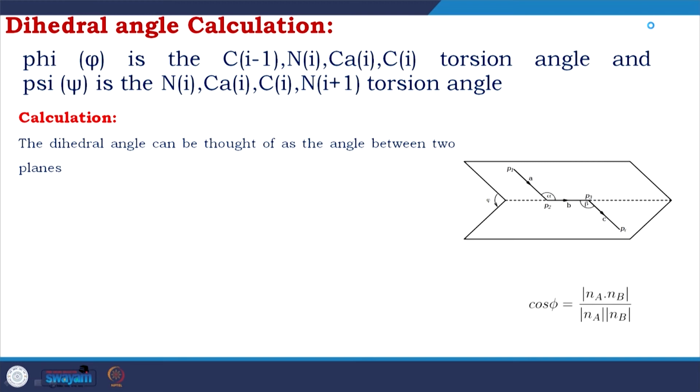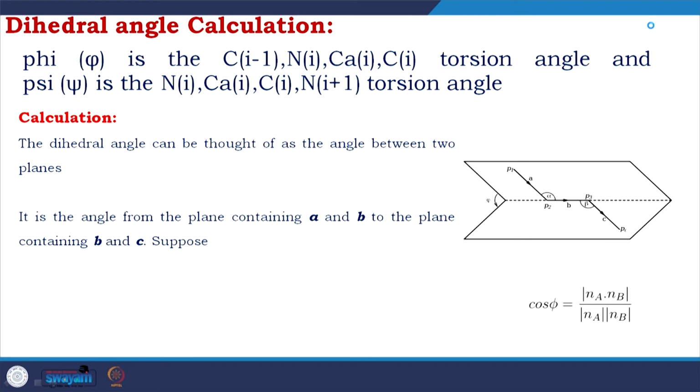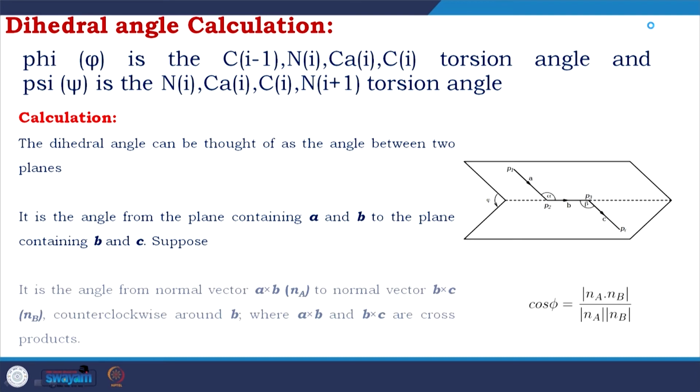We have already talked about this when we were talking about proteins, so I am quickly going through. It is the angle from the plane containing A and B to the plane containing B and C. If you see here, it is the angle from normal vector A cross B to normal vector B cross C, counterclockwise around B, where A cross B and B cross C are cross products.